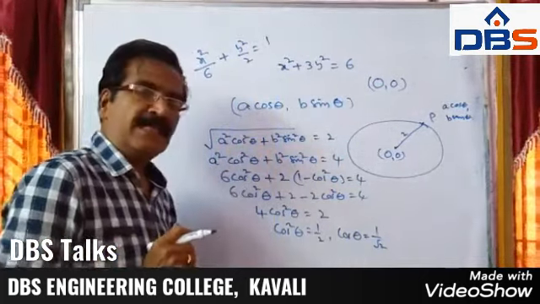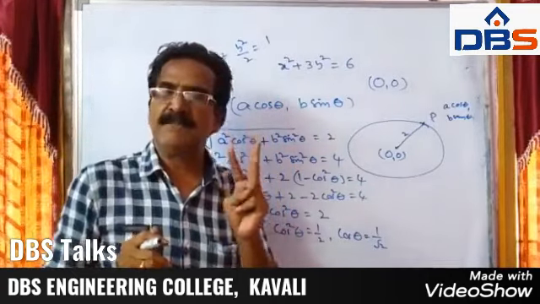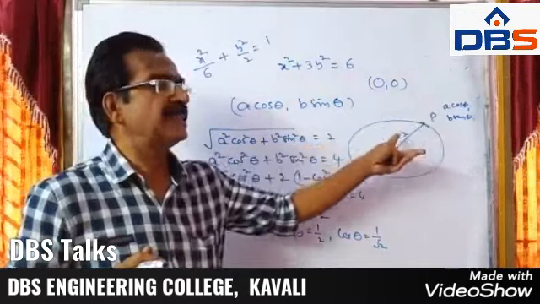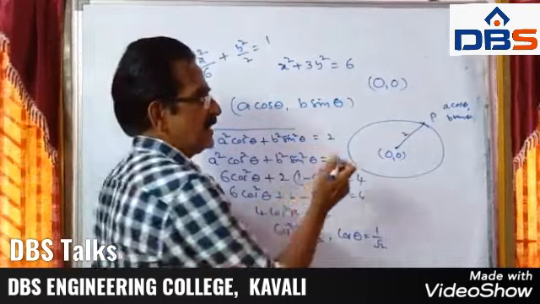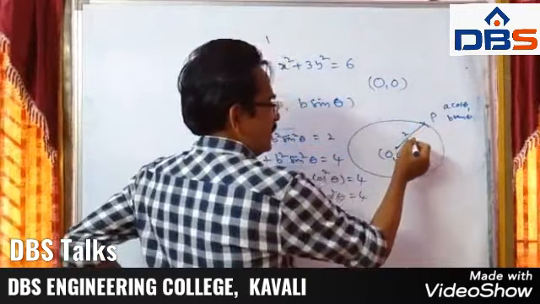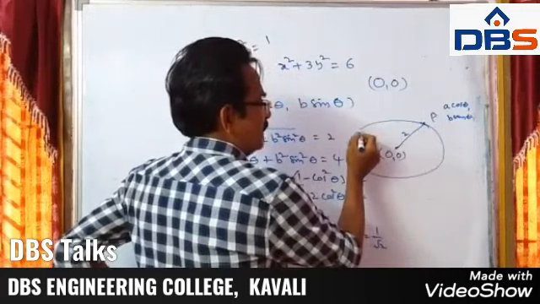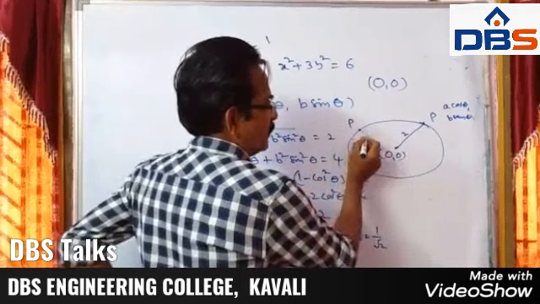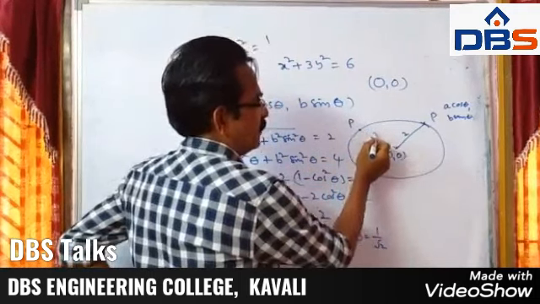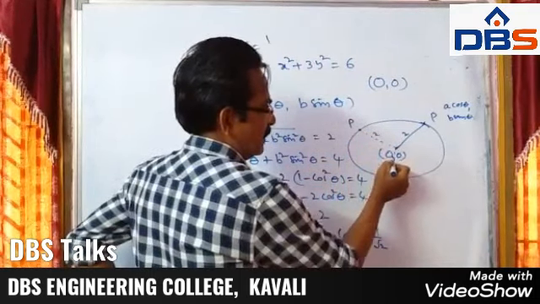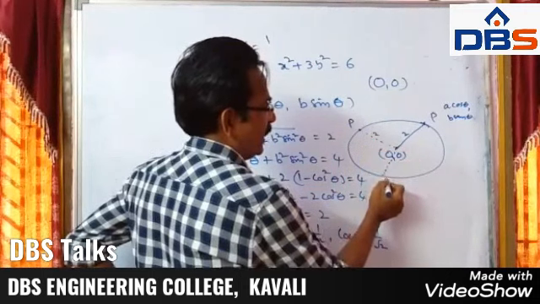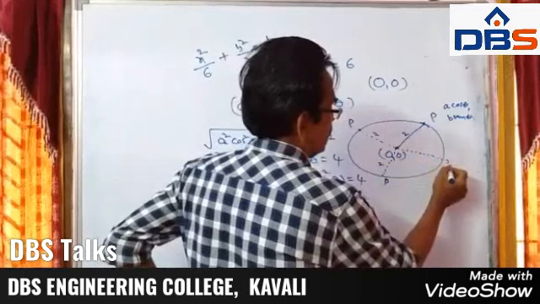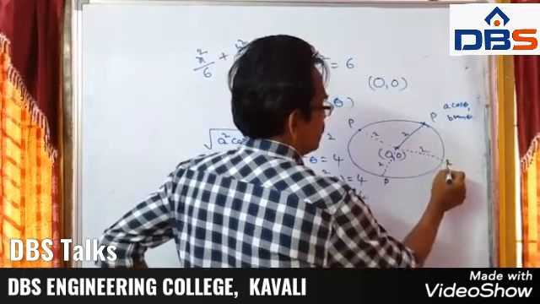Friends, there will be 4 eccentric angles with the given distance of 2 units. See, this point is at 2 units, and at the same distance this point is also at 2 units, and this point is also at the same 2 units, and this point too.